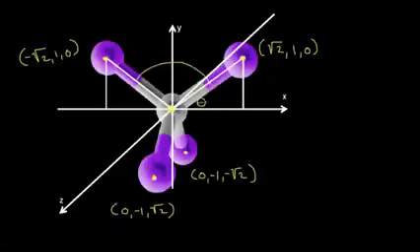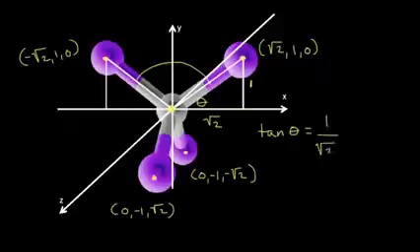So I'm going to call this theta for this triangle that's formed. And I know that this x distance down here is positive square root of 2. And then we go up 1 on the y-axis, and then 0 on the z-axis. So I can find out what theta is because I know that tan of theta is equal to opposite over adjacent. So for this triangle I have here, the opposite side would be 1 and the adjacent side would be square root of 2.